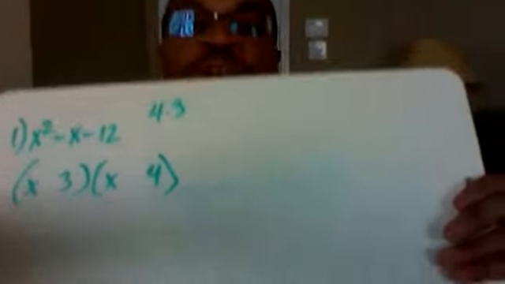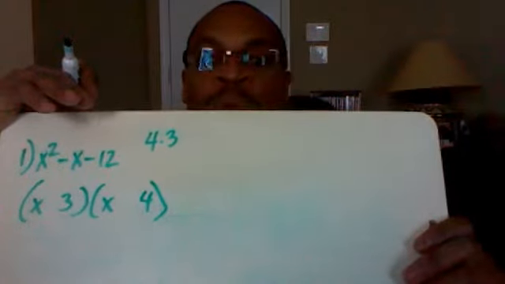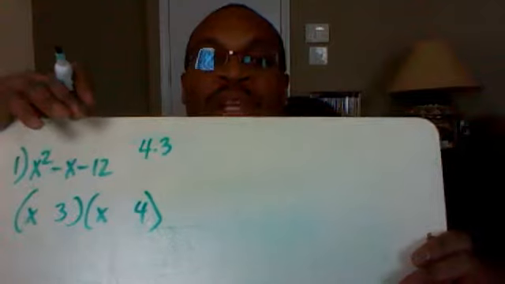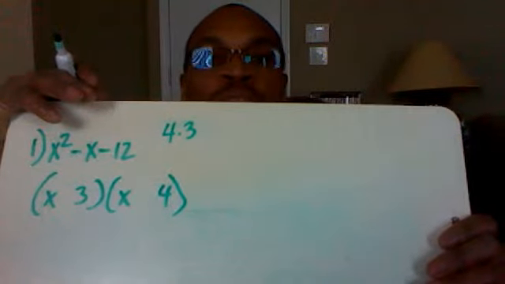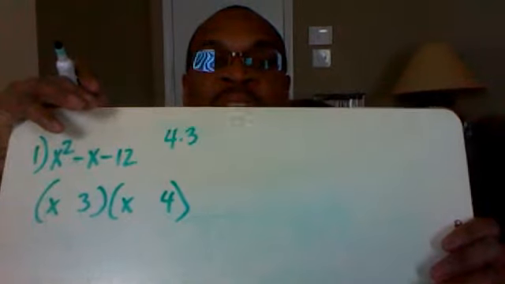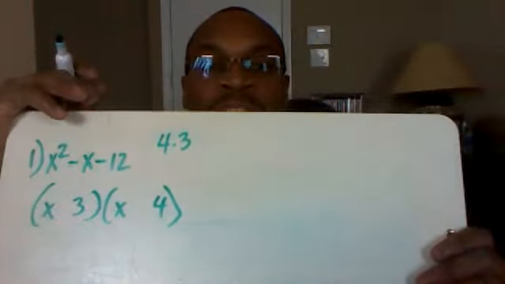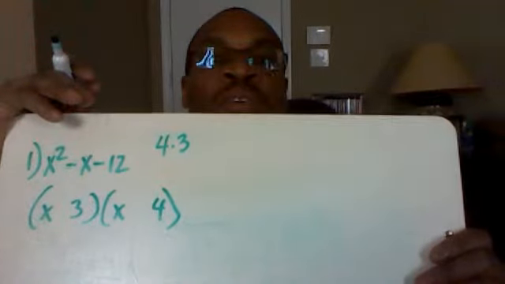Once you get the correct numbers, where you add or subtract and you get the middle number being 1, then that's where the signs come into play. If you look at the negative 12, 4 times 3, the only way you can get a negative 12 is by having one of them positive, one of them negative. Because if you have positive, positive, it's going to give you a positive. If you have negative, negative, it's going to give you a positive.